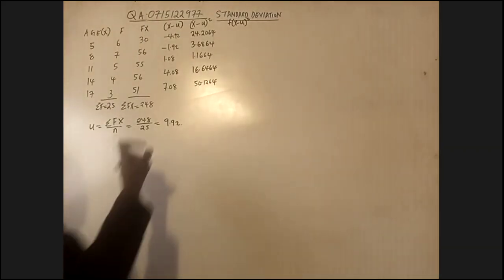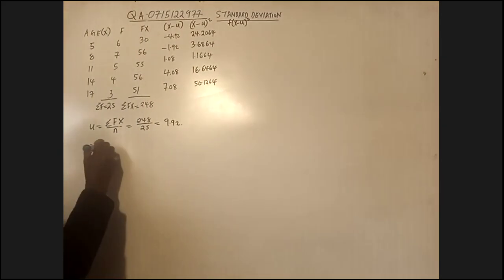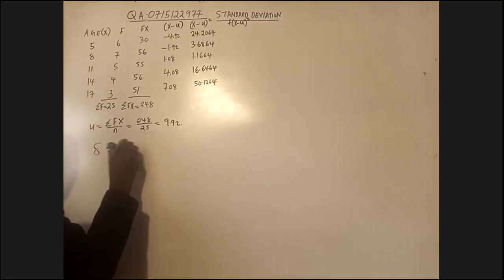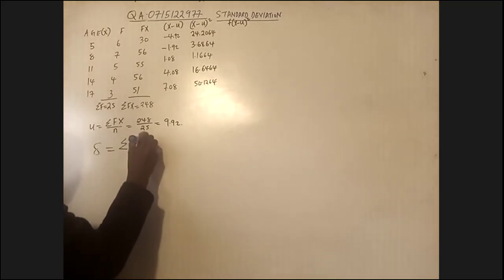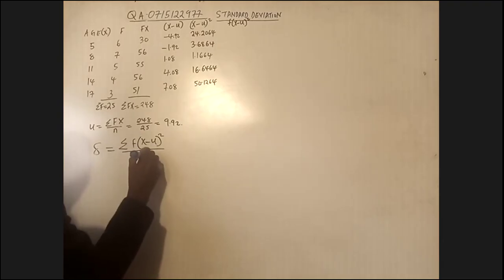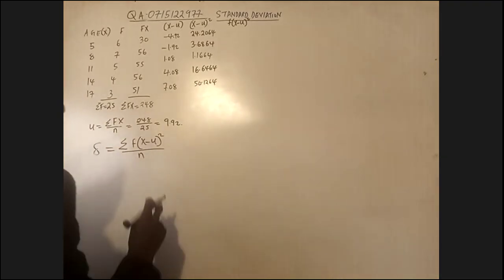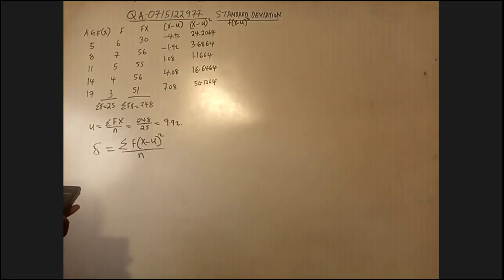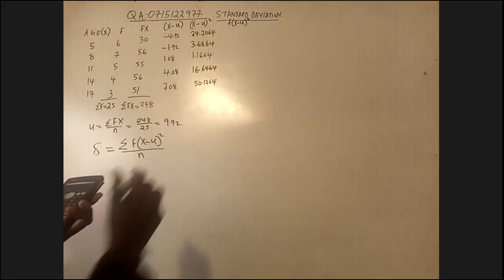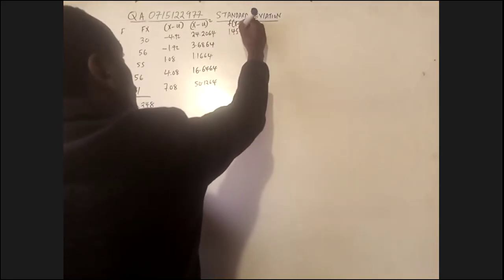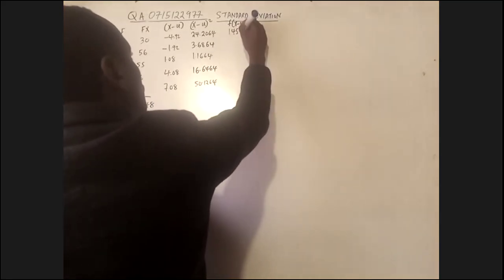So let us write the formula. Now, variance is equal to the summation of frequency times x minus mu squared, over n. But remember, n is the summation of f. So we need to find f times that. 24.2064 times 6 is 145.2384.